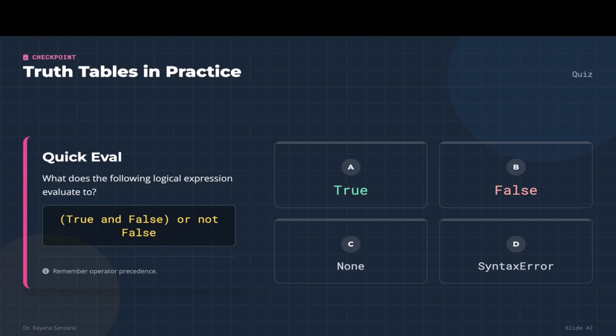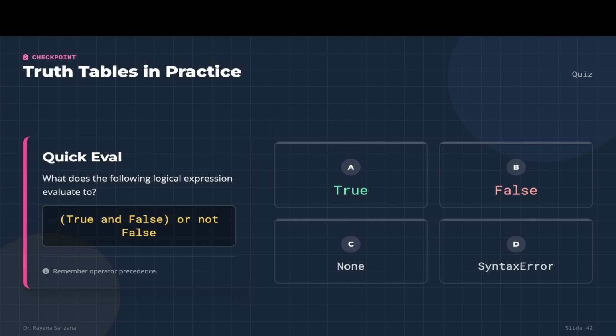Quick questions. Evaluate True and False or not False. So the answer is, let's look at A. Parenthesis first. So True and False results in False because AND requires both sides to be true. False or not False would be the current state.